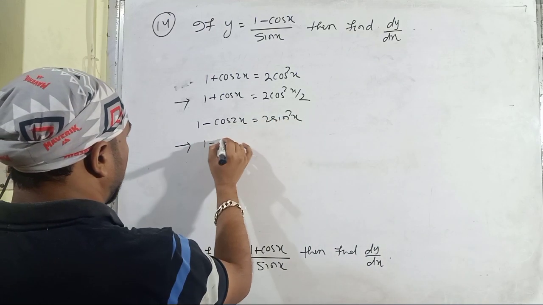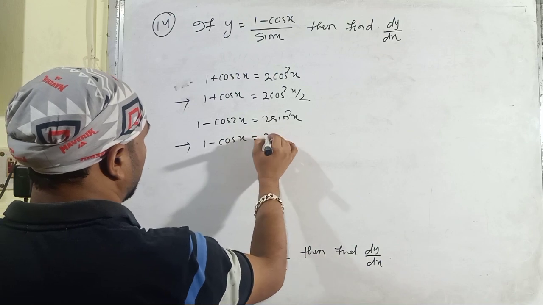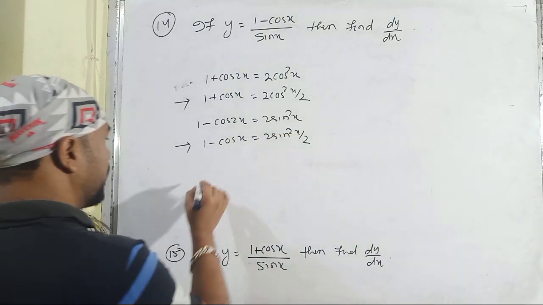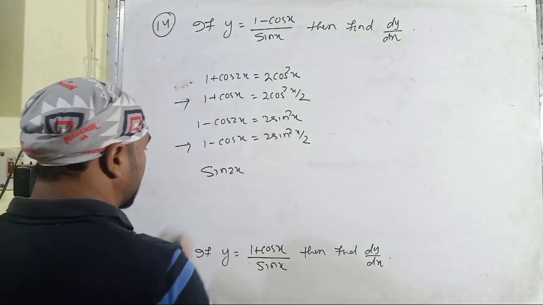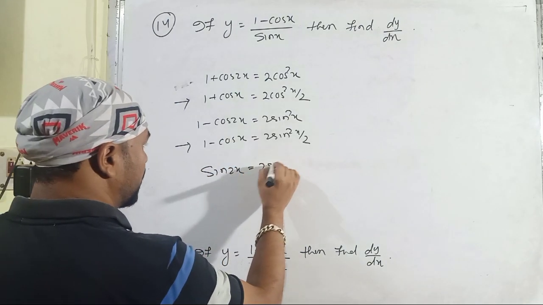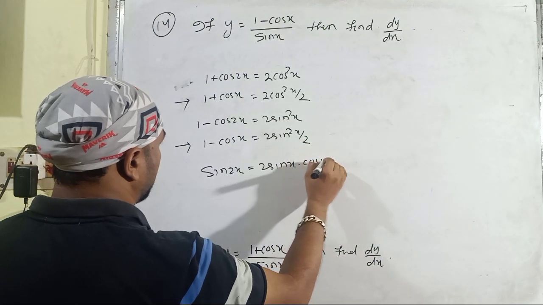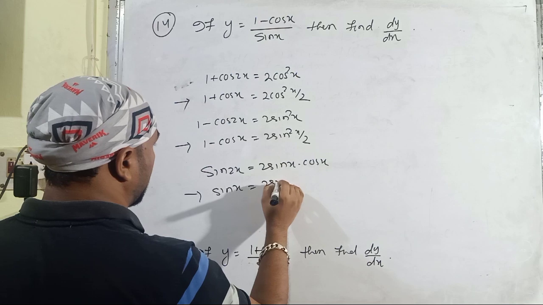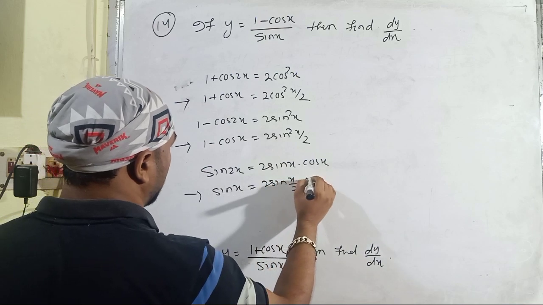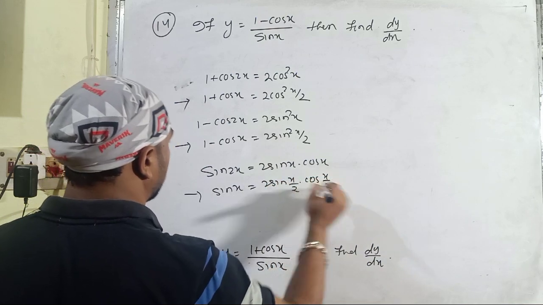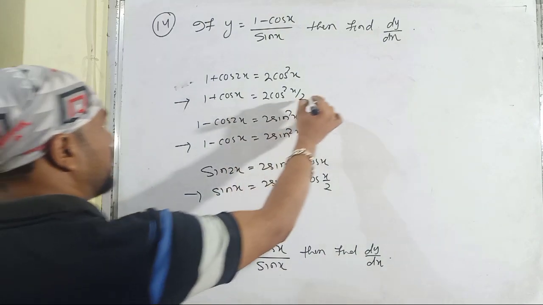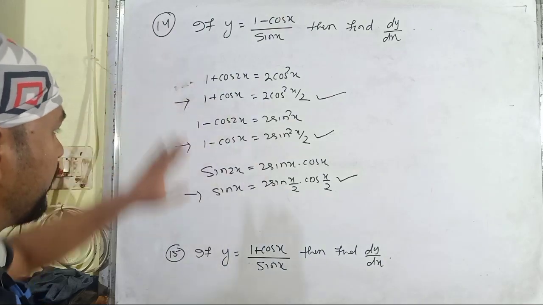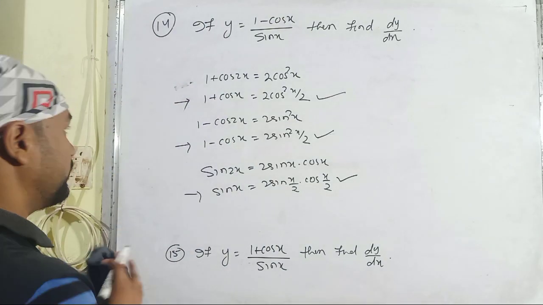Similarly, 1 minus cos x will be 2 sin square x by 2. Then another formula is sin 2x, which is equal to 2 sin x into cos x. So sin x will be 2 sin x by 2 multiplied with cos x by 2. So these three formulas we are going to use in the problem number 14 and 15.